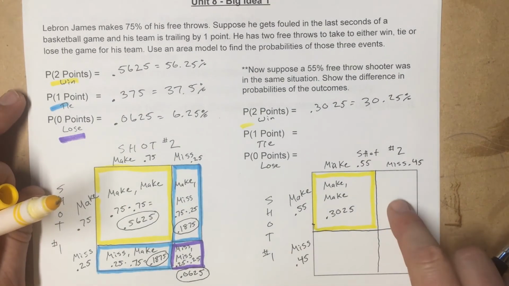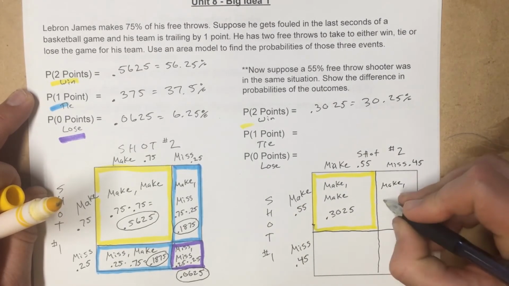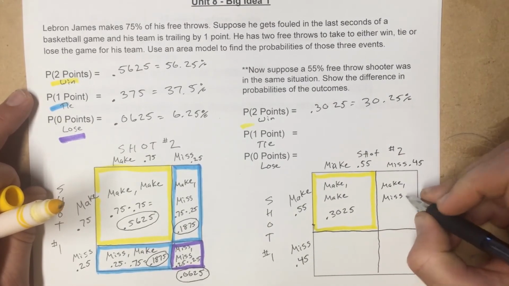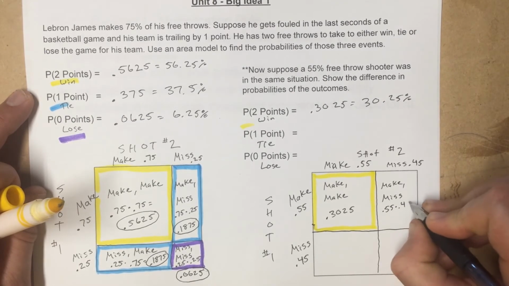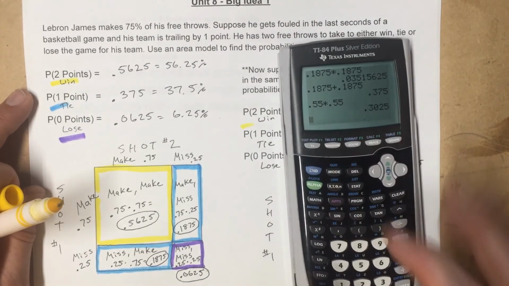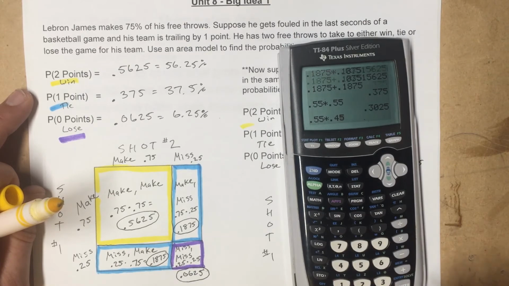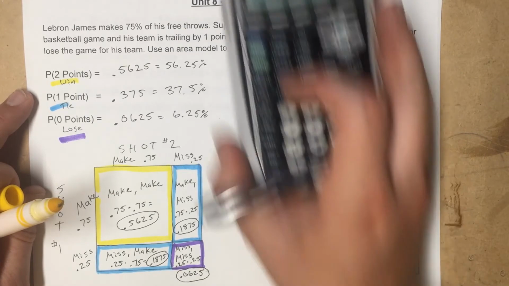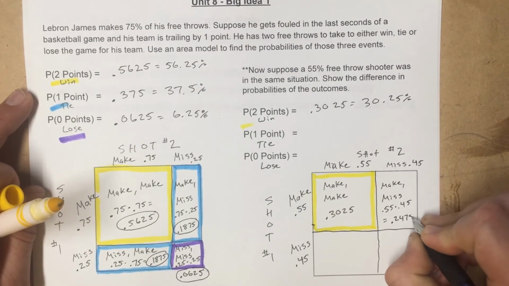So this box right here is where he makes the first shot. That's a make, and then he misses. This would be your 0.55 times 0.45. That's going to equal 0.2475.